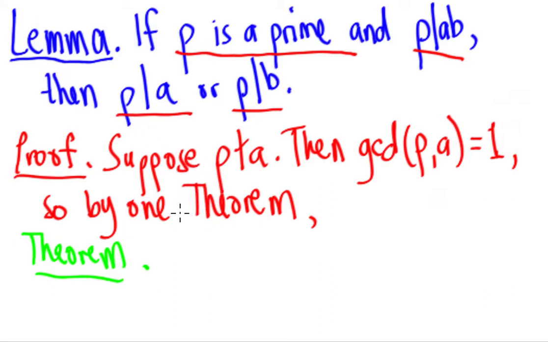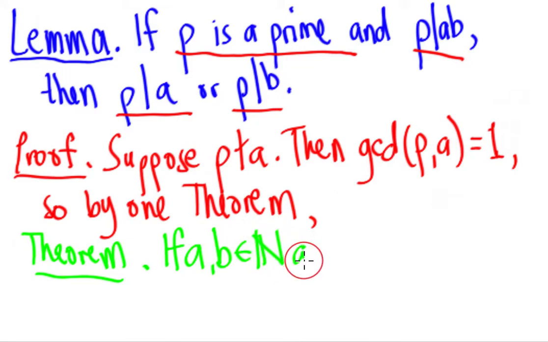If A and B are positive integers that are relatively prime, their GCD is equal to 1.